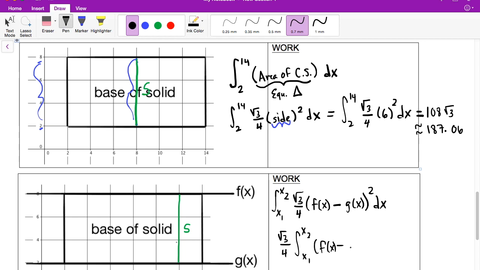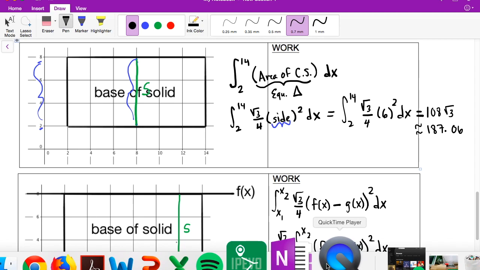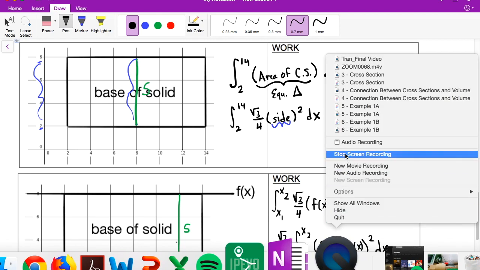So it would be root 3 over 4 times the integral from x1 to x2 of f of x minus g of x, squared, dx. And that will be the general formula you could use to figure out the volume of a solid that has cross sections that are equilateral triangles. And there you go.